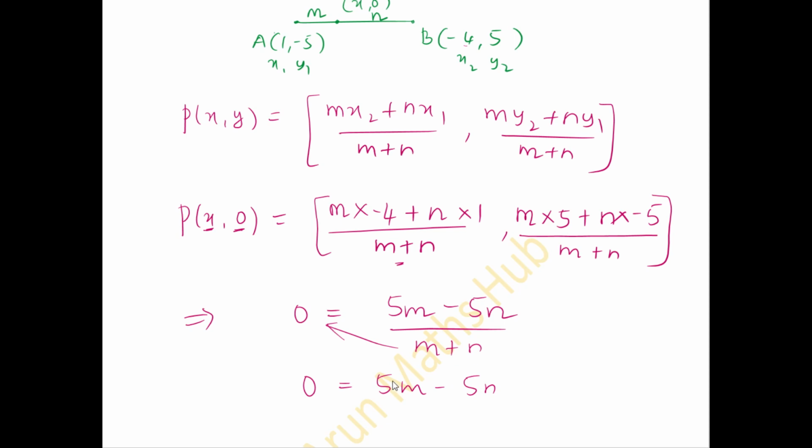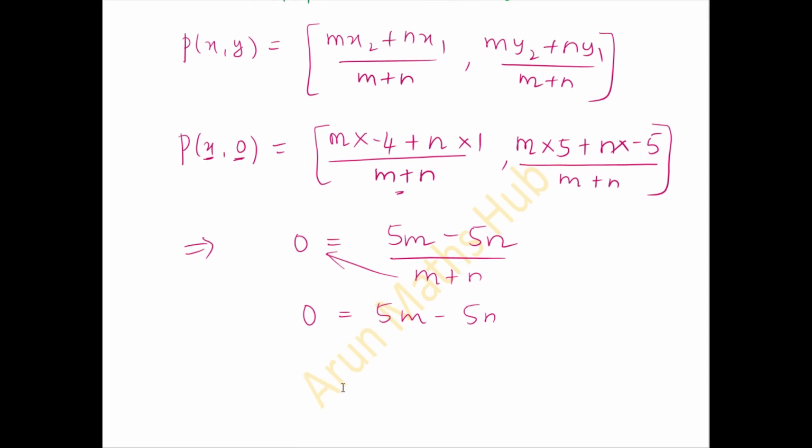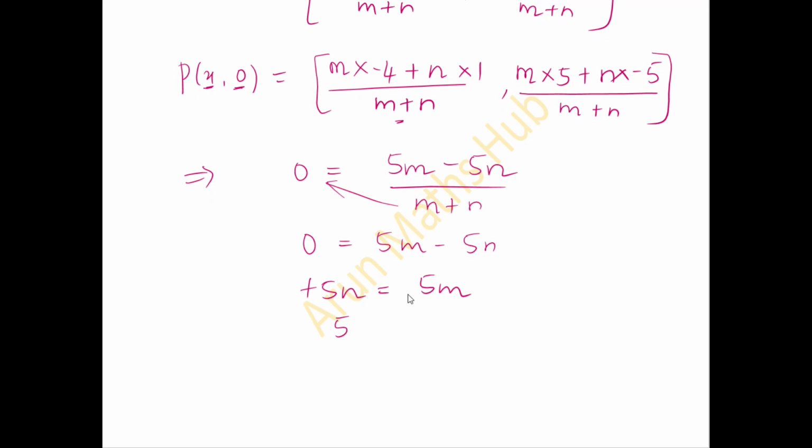Shift 5n to the LHS, we get minus 5n. Shifting to the LHS, it becomes plus 5n, which is equal to 5m. Divide both sides by n, we get 5, n divided by n will cancel out, which is equal to 5m divided by n.